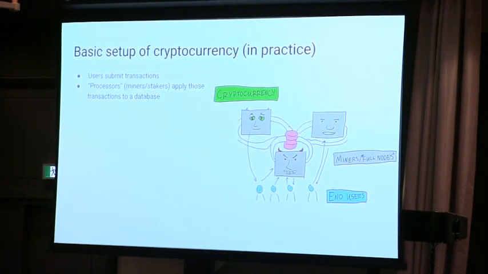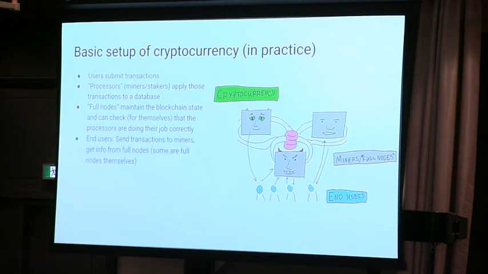What I'll call the processors, miners or stakers, depending on what your permissioning scheme is, apply those transactions to some kind of database, and then so-called full nodes maintain the blockchain state, and also can actually check that the processors are doing their job correctly. They verify the state transitions that the block processors propose. And users then essentially just send their transactions to miners, and frequently just get information from full nodes.